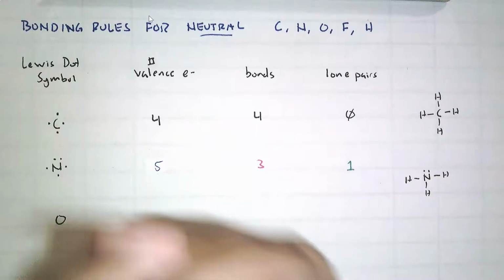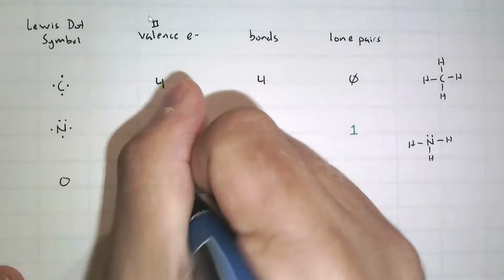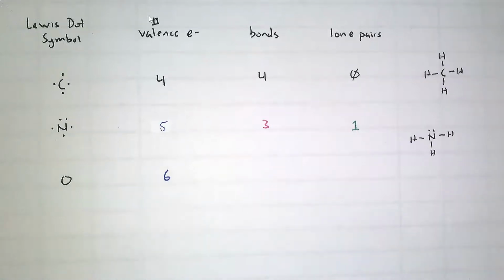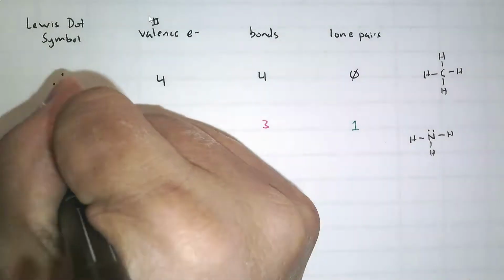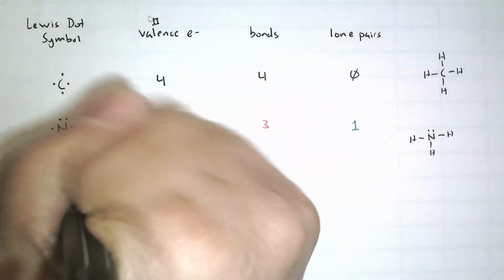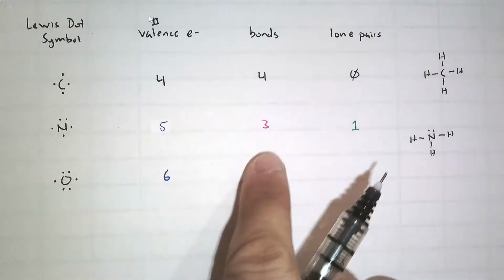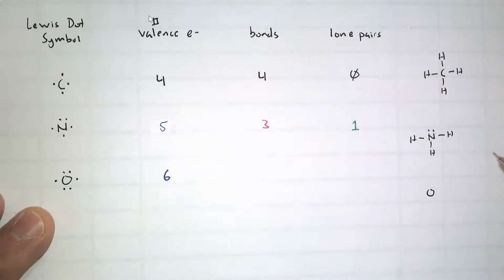Oxygen, we have not done. Oxygen has 6 valence electrons. And again, you could get the valence electrons from the electron configuration, just like we did for nitrogen over here. We could arrange those 6 valence electrons like this. To figure out the bonds and lone pairs, I'm going to have the central atom, in this case oxygen, surrounded by enough hydrogens to give it 8 electrons.